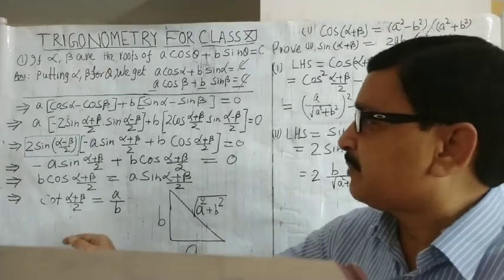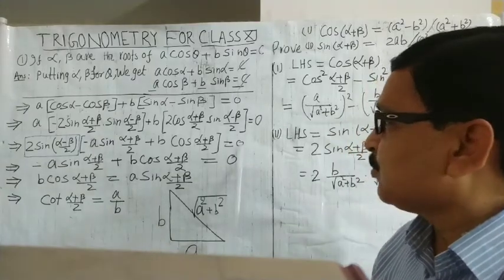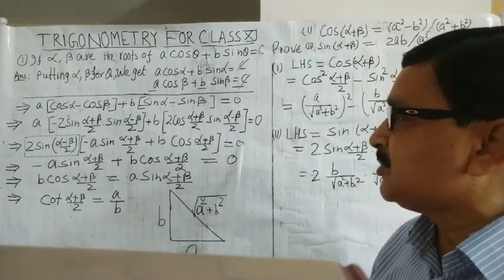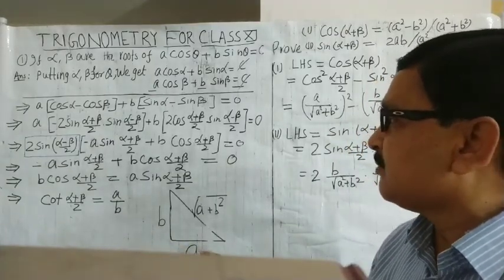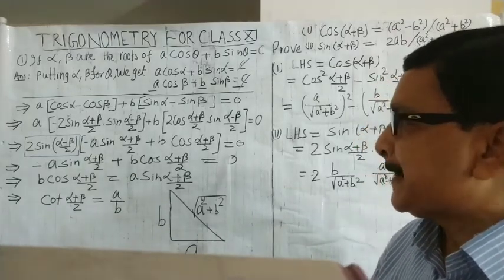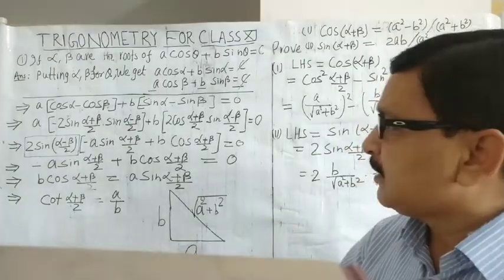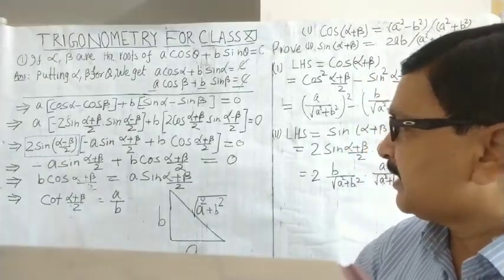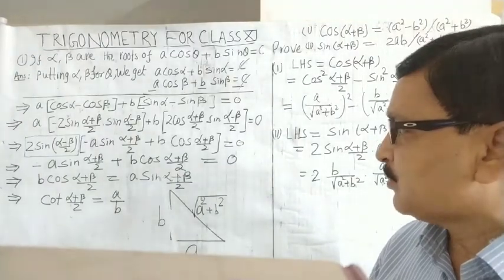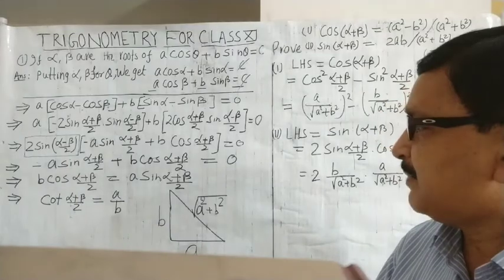Now this big box, when transferred to the right side, 0 remains 0. So this second bracket is equal to 0. Now transfer the negative to the right side, it becomes positive. So cos by sin is equal to cot (alpha plus beta)/2 is equal to A by B.